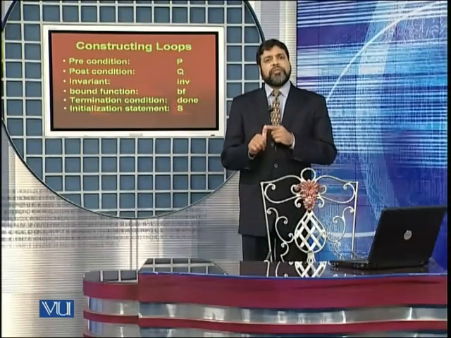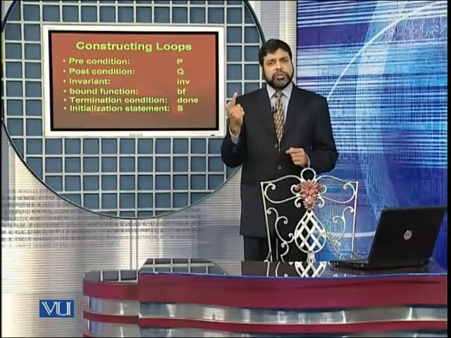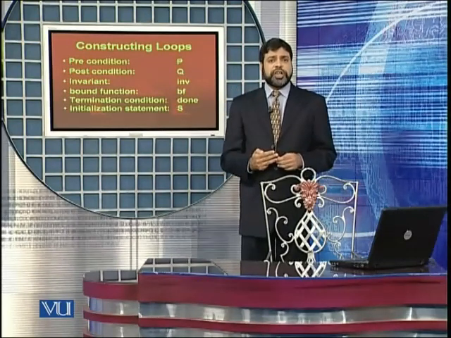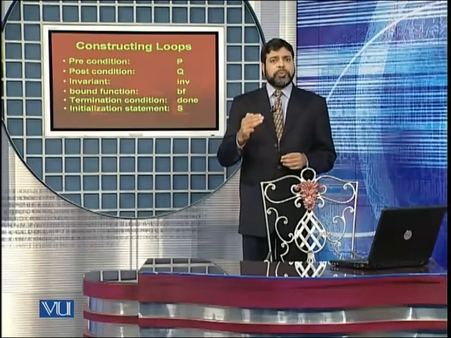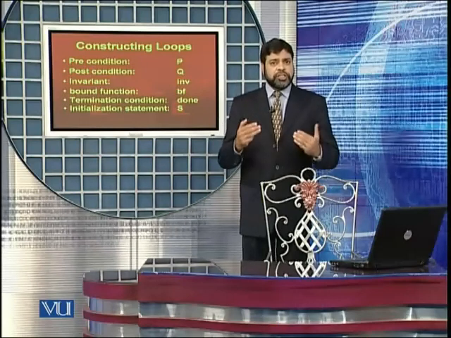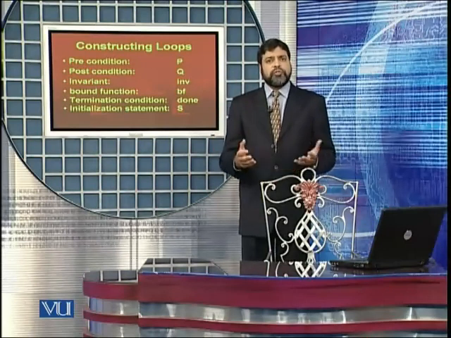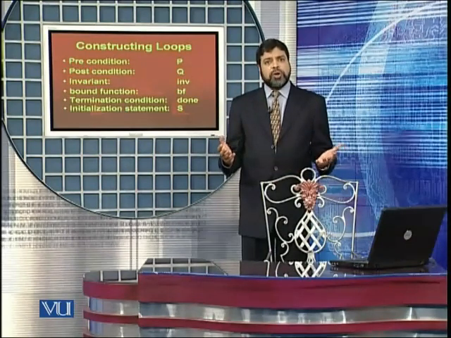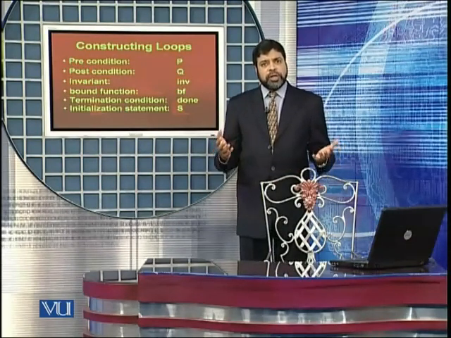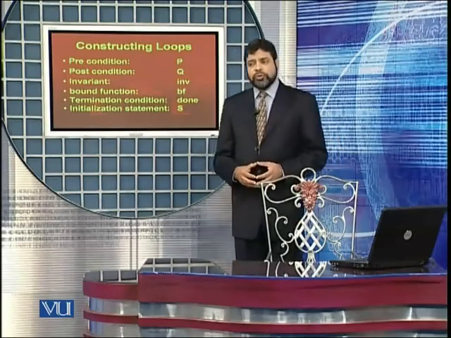Then we find the loop invariant, we find the bound function, we find the done condition, and we find the initialization statements that will take us from the precondition to the loop invariant just before we start executing the loop. So what are the relationships among all these different things? Let us once again try to look at those.